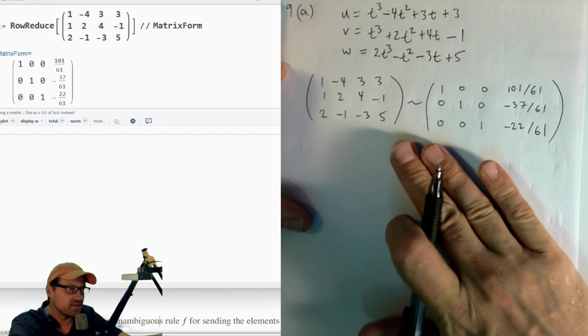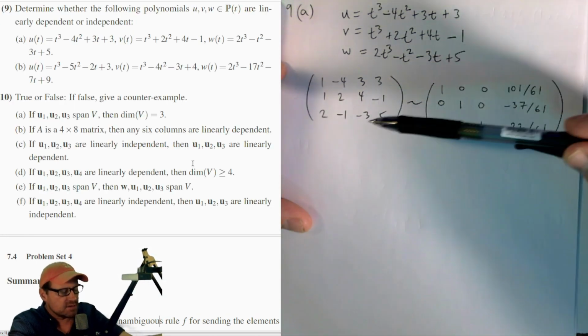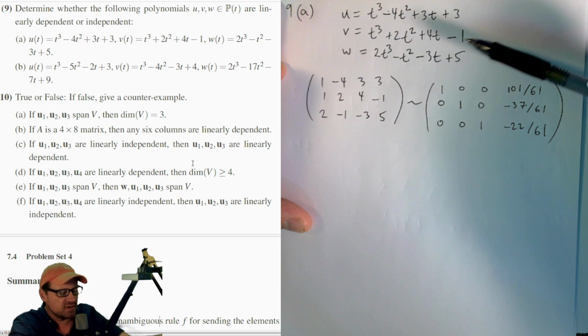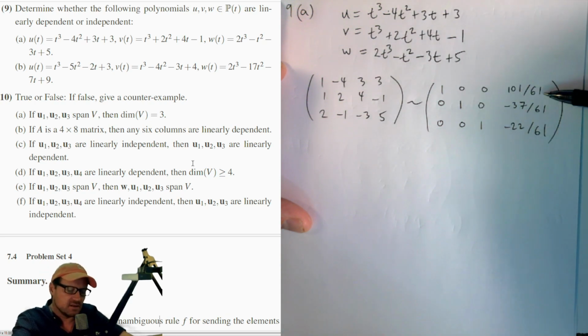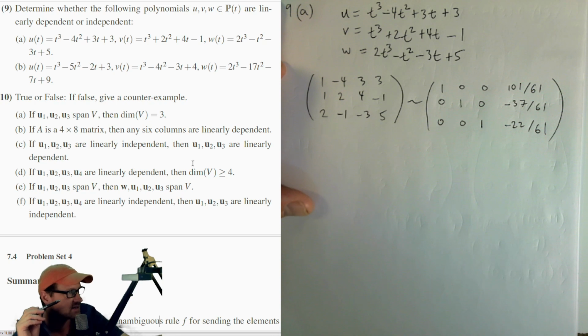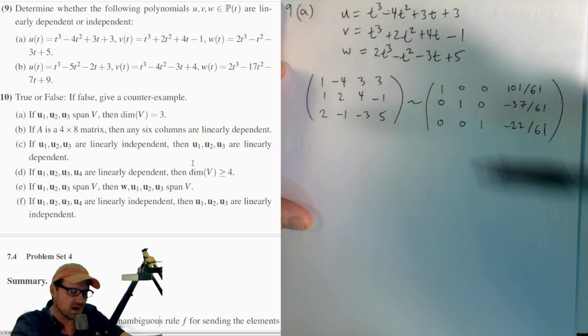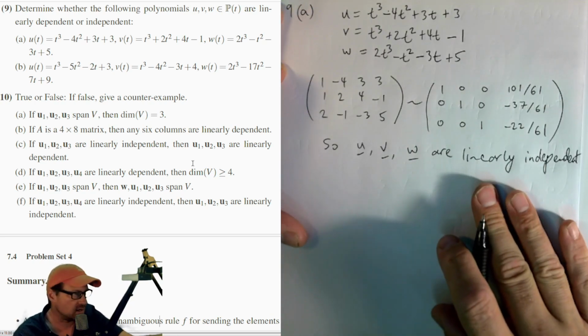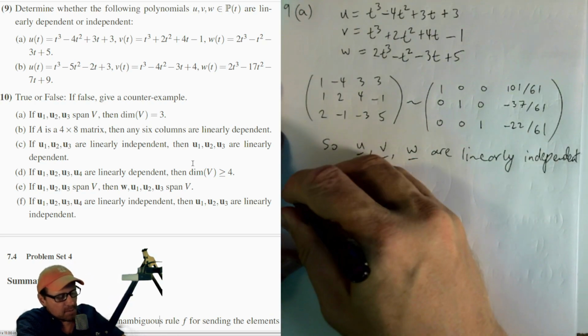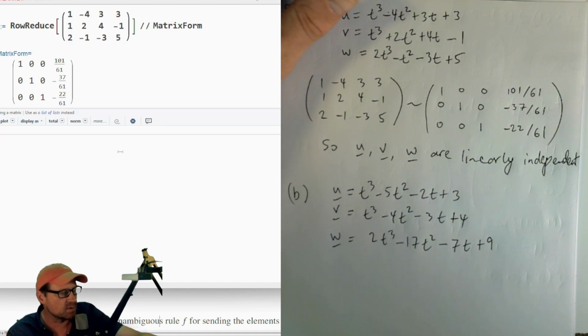So I have handwritten what it says there, so we can see that the span of U, V, and W is the span of the vectors in the rows here. And so in this case, U, V, and W are linearly independent because we still have 3 of these. We do not have a row of 0. So linearly independent.